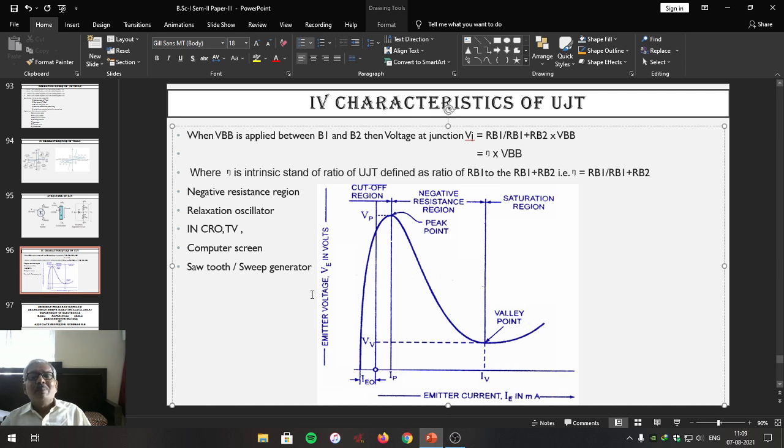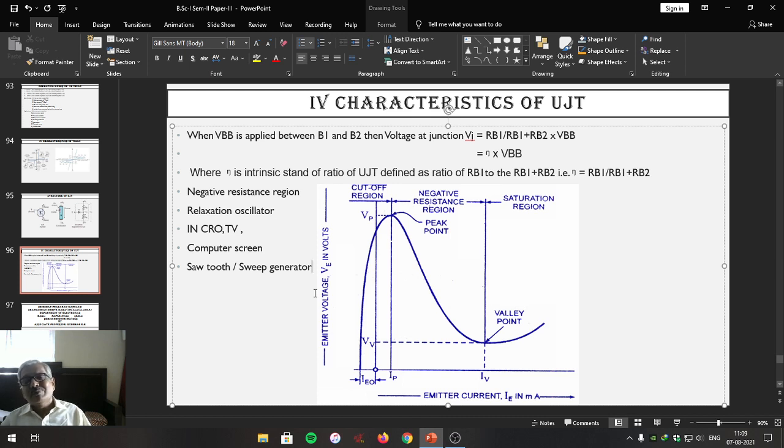Dear students, that's all about the last semiconducting device which is expected to be studied in topic number 5 and also in paper number 3, namely semiconducting devices.